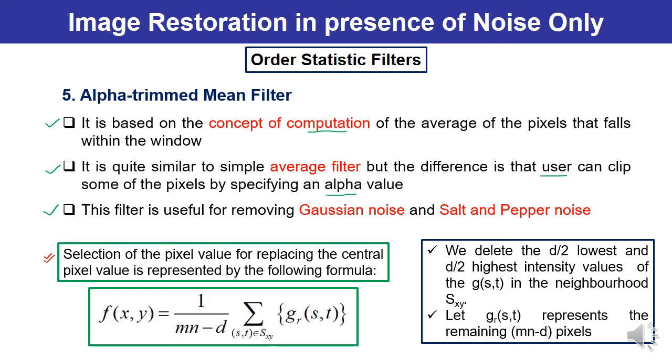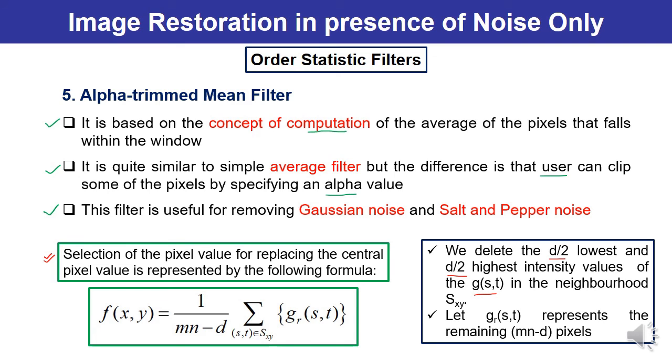Here you can note the process being performed: we delete the d by 2 lowest and d by 2 highest intensity values in the neighborhood of g(s,t).